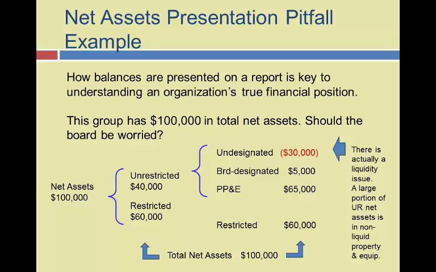Whoa, that's created an undesignated deficit of $30,000 after accounting for the board designated portion of $5,000. So there really is an actual liquidity issue here because such a large portion of the unrestricted net assets is in non-liquid property, plant, and equipment. This really demonstrates why it's important to show what the composition of net assets, particularly unrestricted net assets, is.